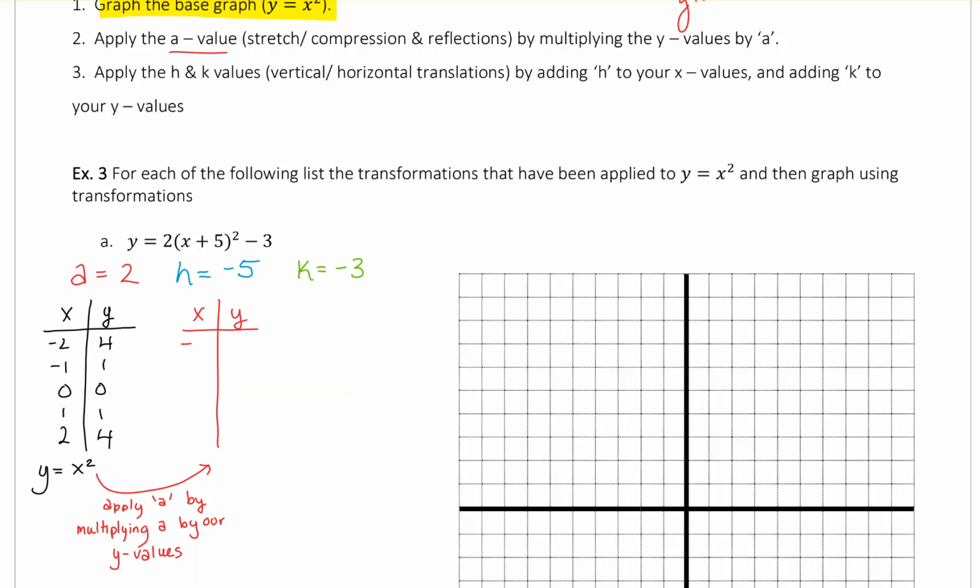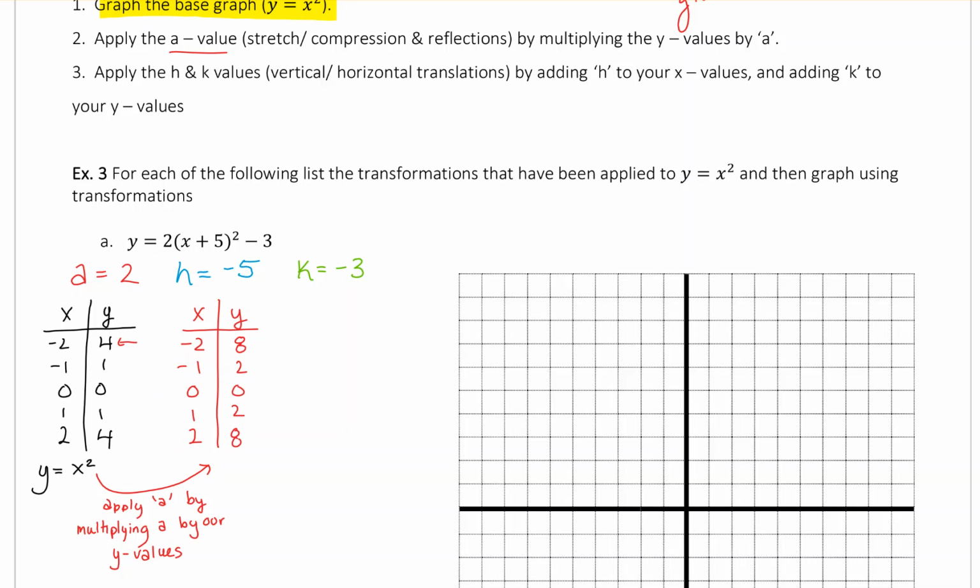Our x values are going to be left alone because we're not doing anything to them, so I'm going to rewrite them. And we're going to multiply a by our y values. So our a is 2. I'm going to look at this first value here, 4 times 2, that gives me 8. 1 times 2 is 2, 0 times 2 is 0, 1 times 2 is 2, 4 times 2 is 8. And we've done the first step.